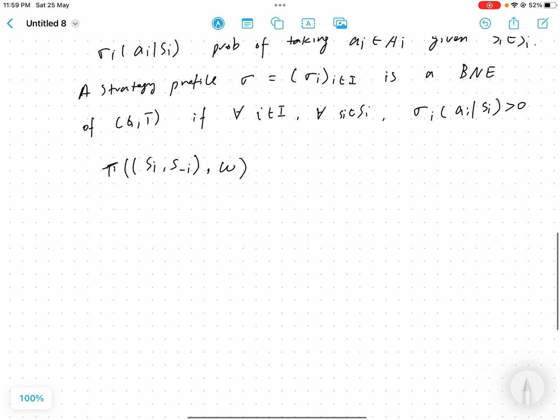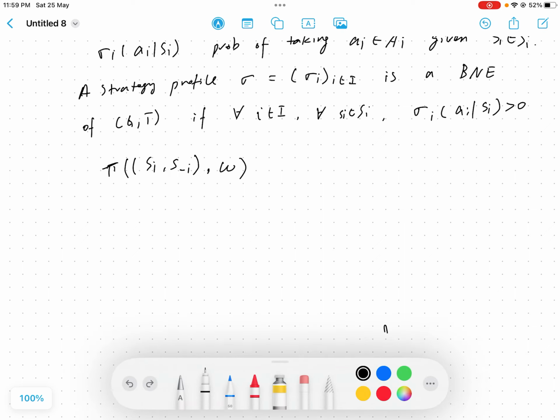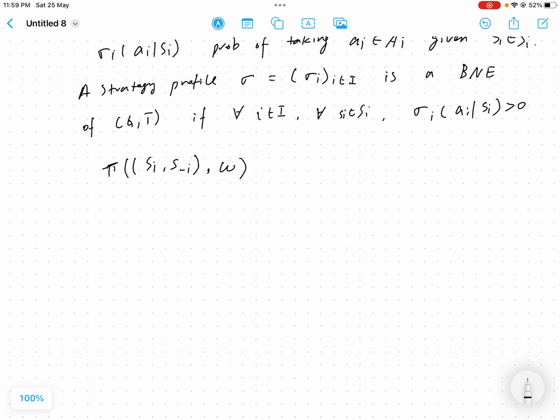Overall, we need to sum over all s_minus_i and omega, times the summation over a_minus_i. Here pi is the information structure.